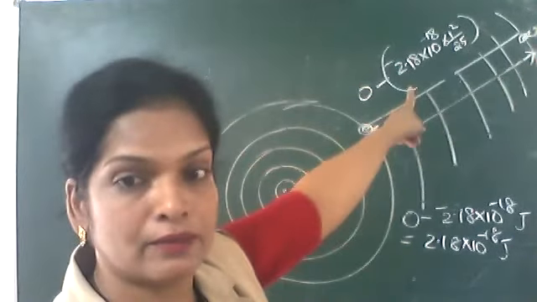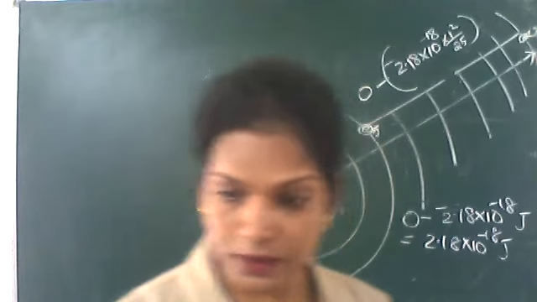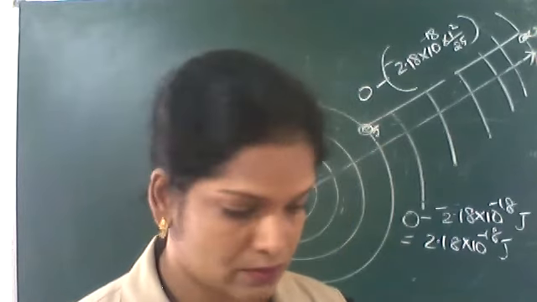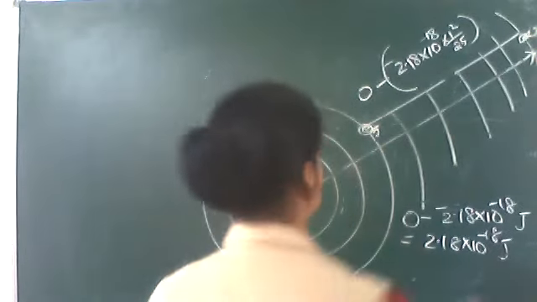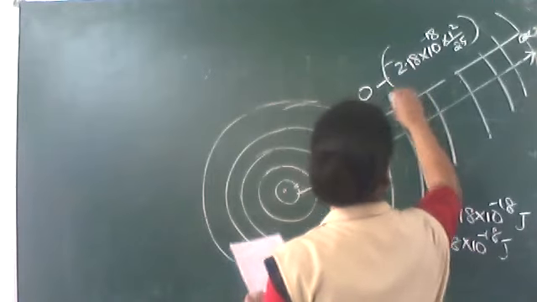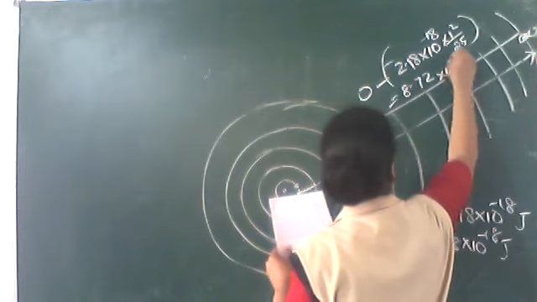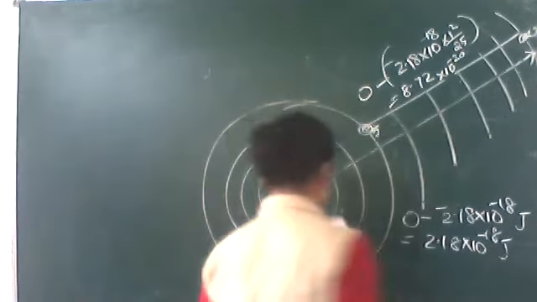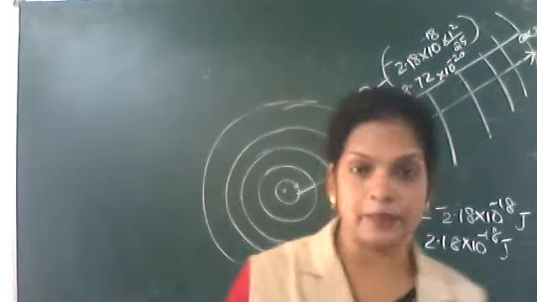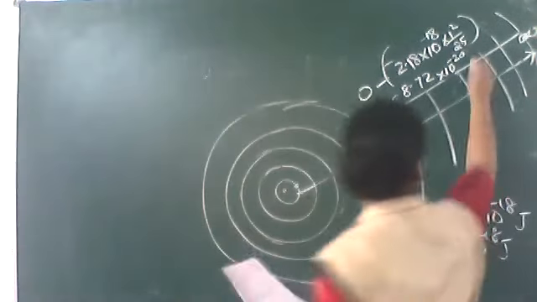All right. What is the ionization energy of hydrogen atom? 2.18 into 10 to the power minus 18. So you compare these two. Second part is compare. Here this answer is 8.72 into 10 to the power minus 20 joules.